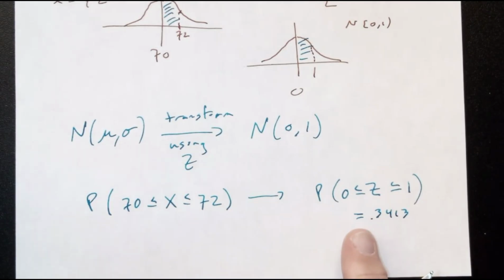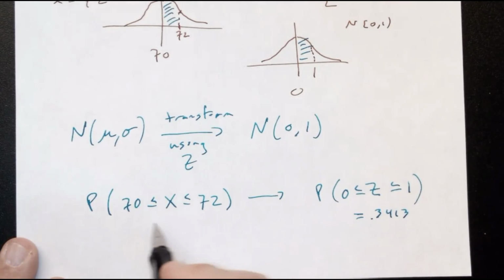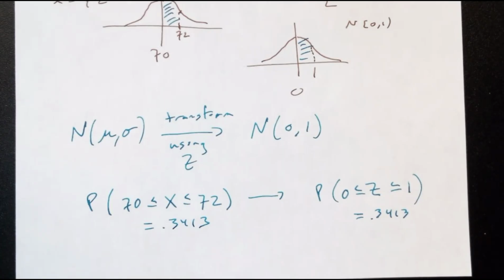And this chance is exactly the same. This transformation works completely for me. It allows me, instead of having to do stuff in any distribution, to use the same distribution over and over.